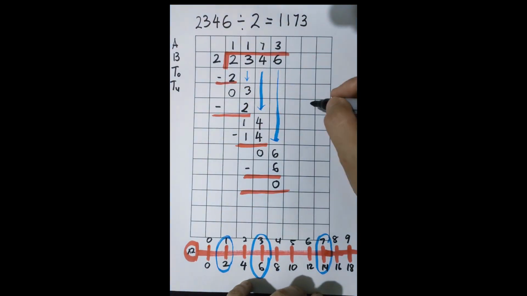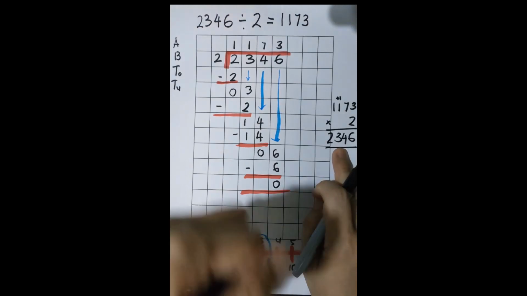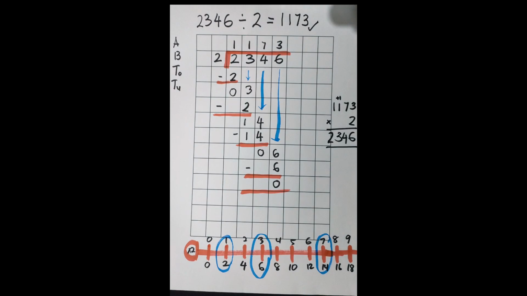Now let's check. 1,173 times 2. 3 times 2 is 6. 7 times 2 is 14. 1, bring up. 1 times 2 is 2 plus 1 is 3. 1 times 2 is 2. So, see? I got the same answer, 2,346. So my answer is correct.